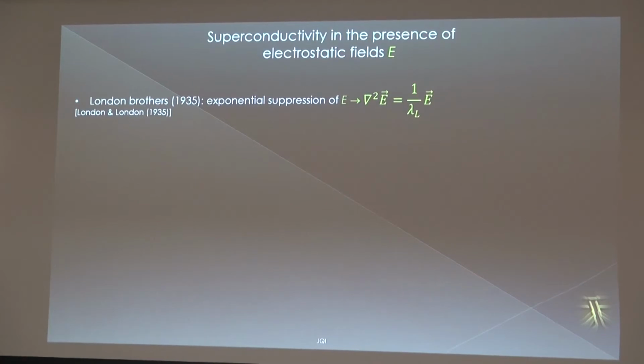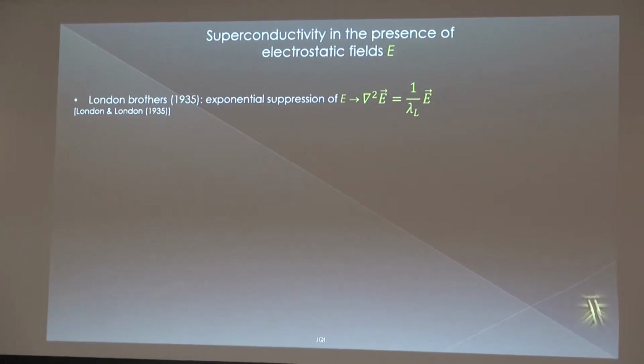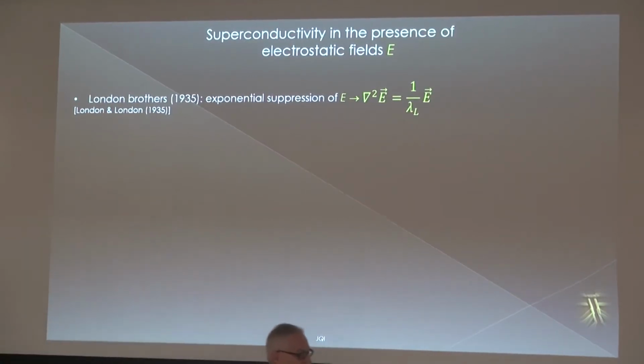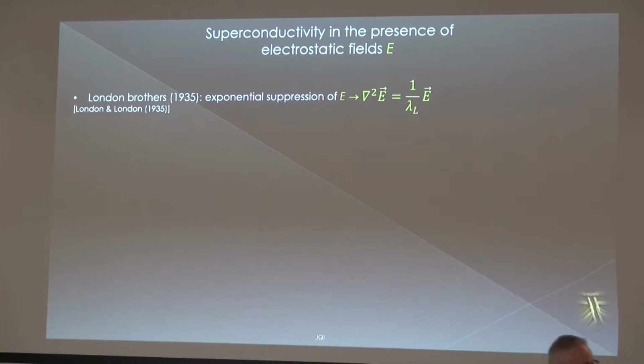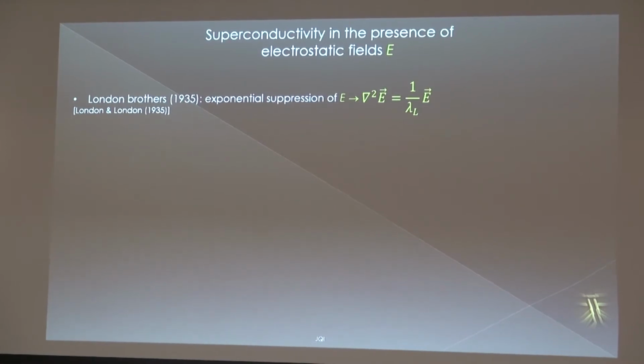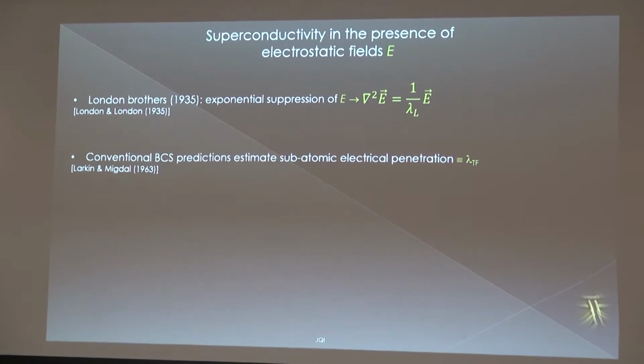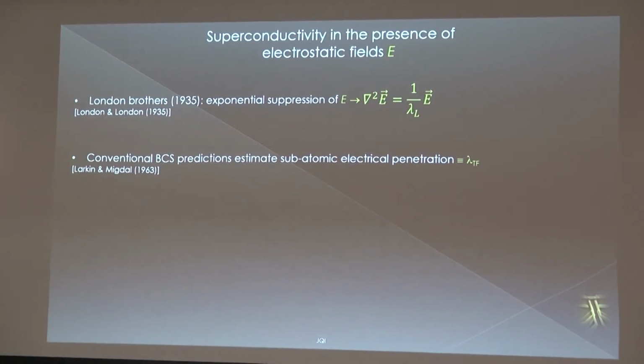Then they started to do some experiments on this, and they were not able to demonstrate that the electric field is able to produce any sizable modification of the superconducting condensate. Okay. On the other hand, more conventional BCS predictions were made, in particular by Larkin and Ovchinnikov, so 1963.